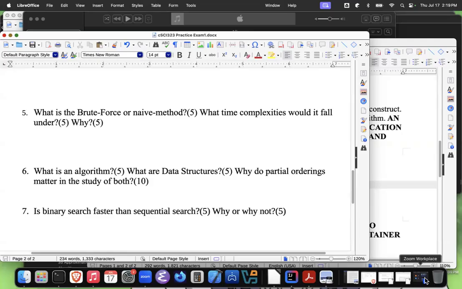The sequential search is a case of brute force. There's no precondition that gives us a partial ordering that we can rely on. With binary search, there is some sort of partial ordering inherent in our use of it. And so that allows us to rely on that property so we don't have to go through the brute force method of trying every possibility.